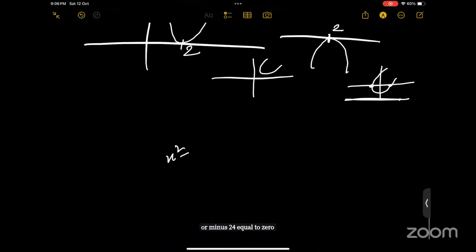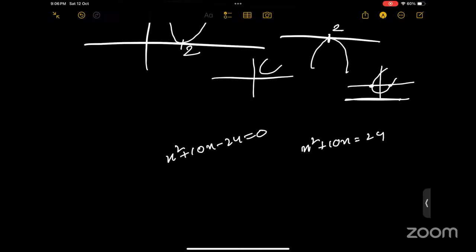So like we move that 24, which is a constant, to the right hand side. For that it will have roots, but in this equation also we can apply this formula.